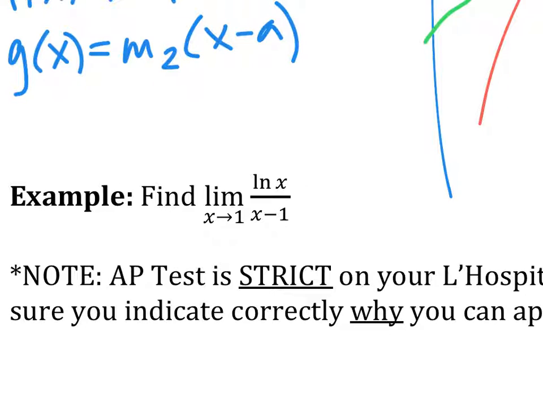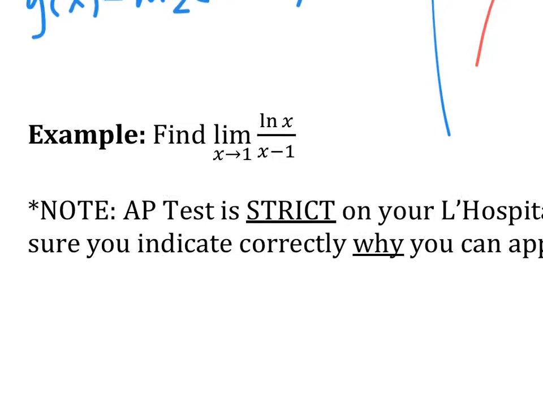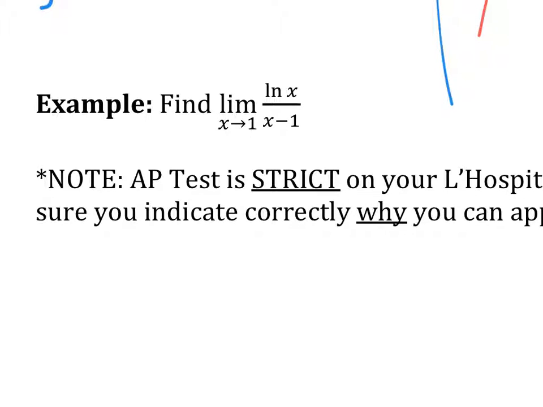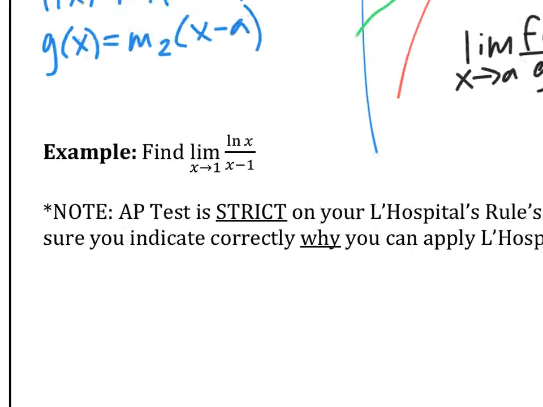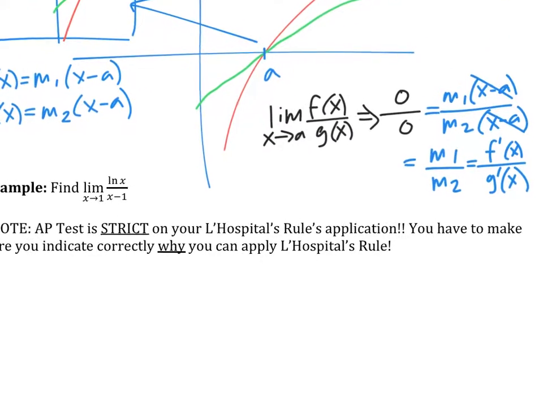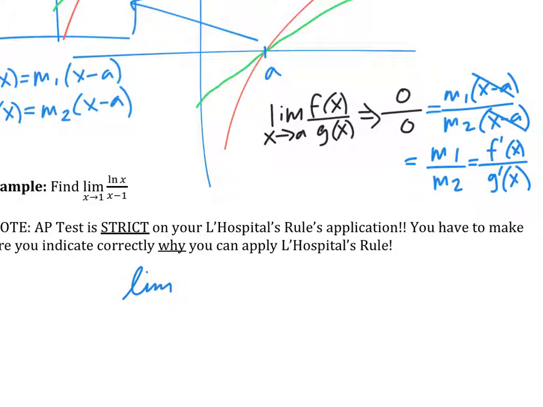This one, I believe you have to use L'Hopital's rule. We can't do factoring, we can't cancel anything, we have to find the limit. Now, can we zoom back out to the proof? Okay, the limit as x goes to 1 of natural log x over x minus 1.